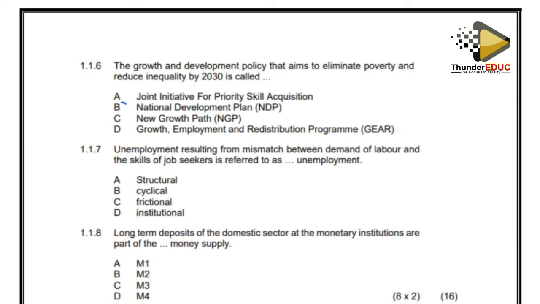If you still remember, each and every year here in South Africa, not only in South Africa, almost in each and every economy or almost in each and every country, there is a budget that should always be given to the individuals. And also, there is a plan for the nation or the plan for the country. So this National Development Plan is in line with the improvement of the standard of living for the household.